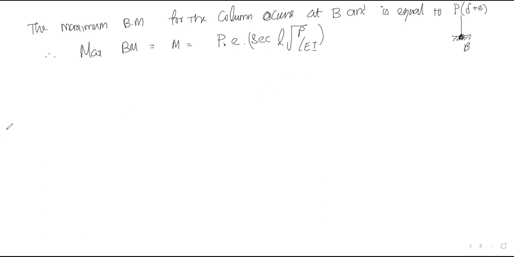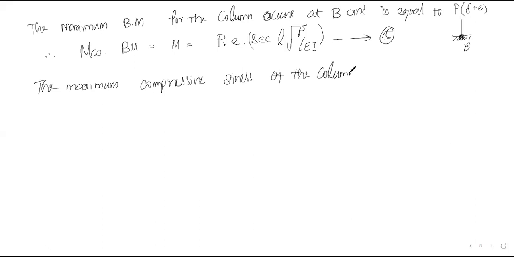Now the maximum compressive stress of the column at the fixed end becomes sigma max is equal to sigma D, the direct stress plus bending stress.